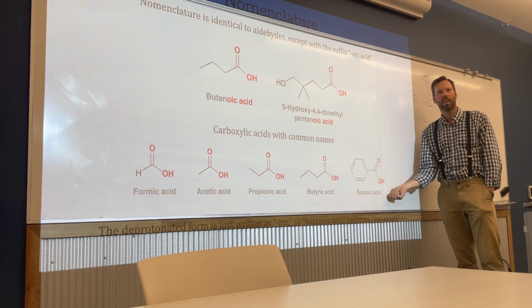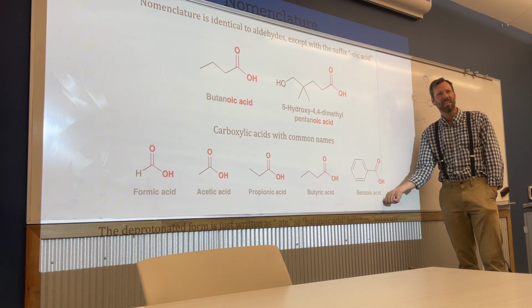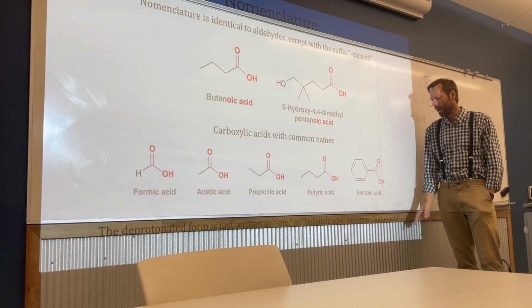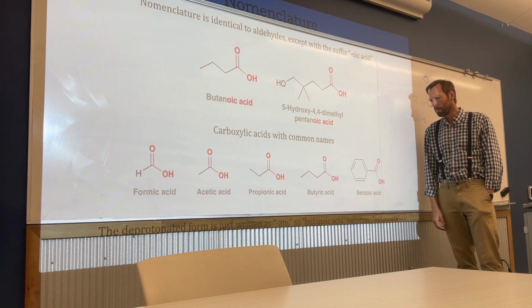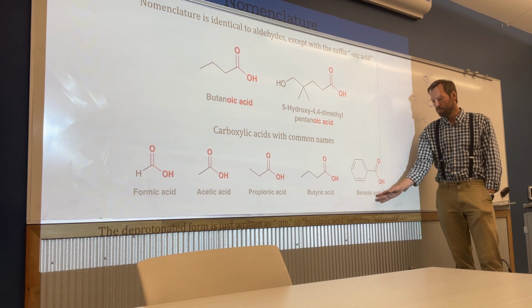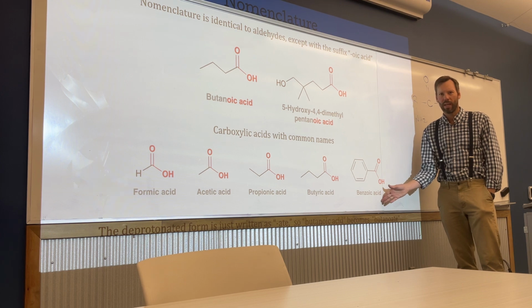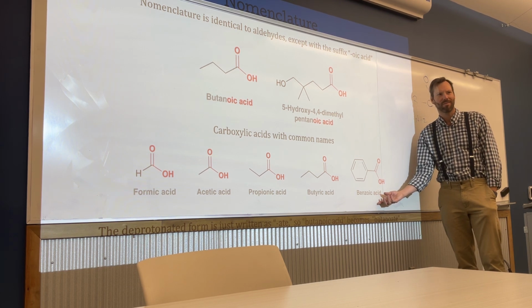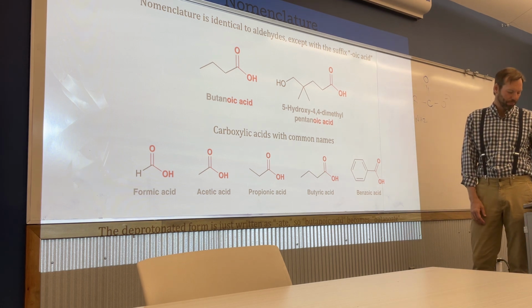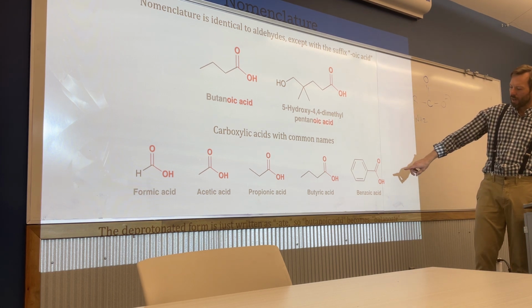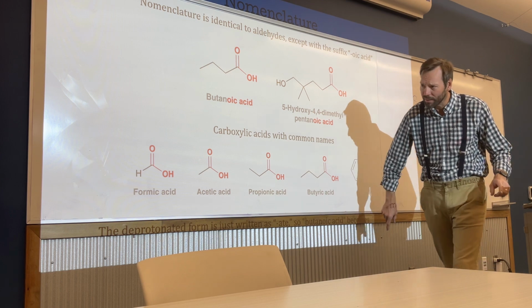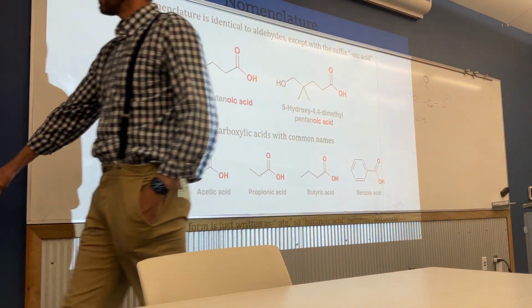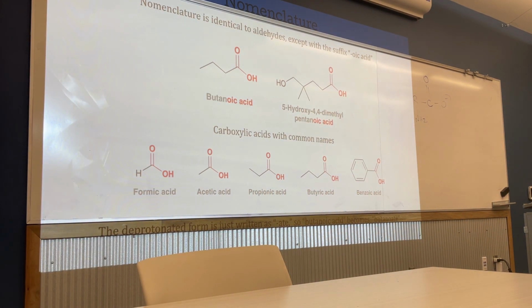Maybe it's benzene aldehyde. But by and large, anywhere you see this molecule, it's going to be referred to as benzoic acid. It's even an IUPAC name.